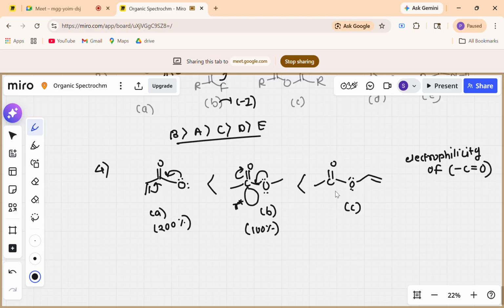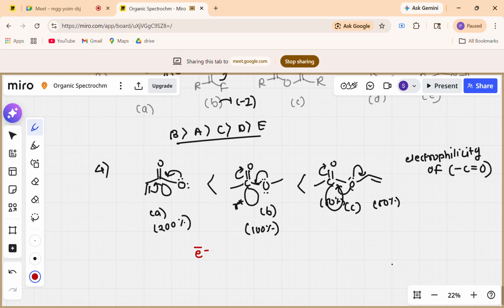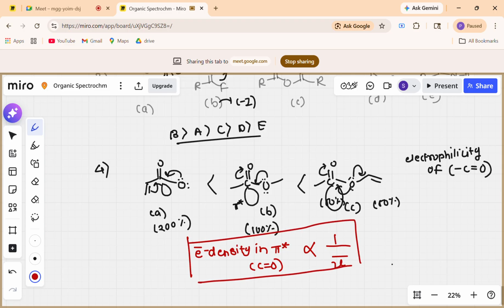So for an easy approach, we can say there is 200% electron density increasing in the pi star of this C double bond O. Here there will be only the resonance effect, so let's consider 100% electron density going into the empty pi star of this C double bond O. Whereas here, this electron density can either conjugate with this double bond or with the C double bond O. So 50% goes toward the double bond and 50% to the pi star of this carbonyl group, right?